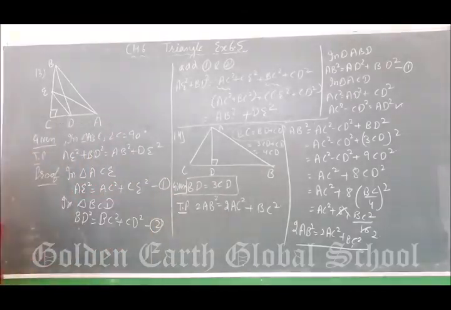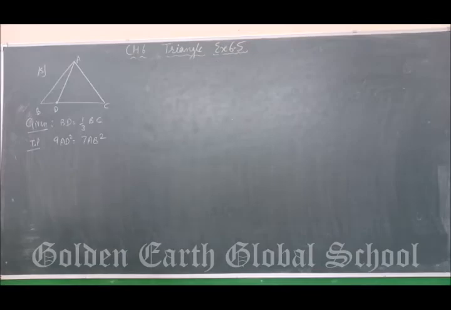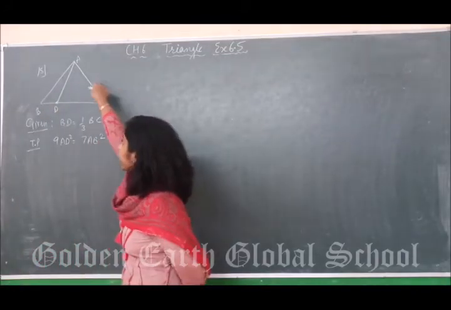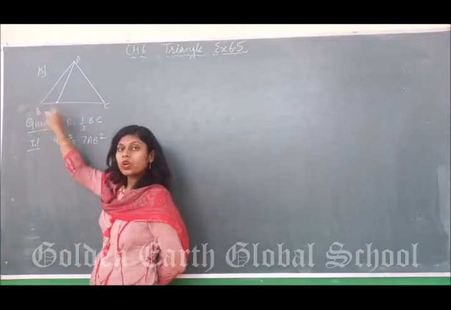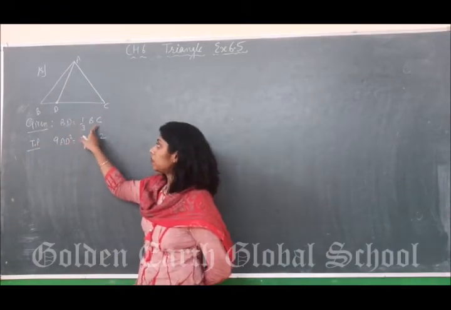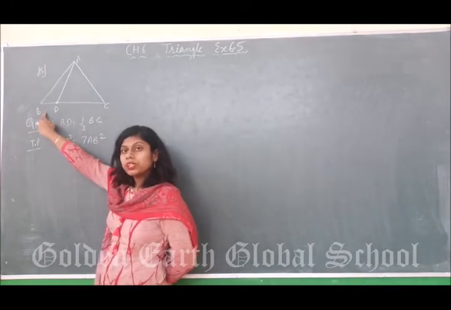Draw the figure, equilateral triangle. ABC is an equilateral triangle and D is any point on BC. According to this condition, BD is equals to 1 by 3 BC. Means to say BC is 3 times BD.